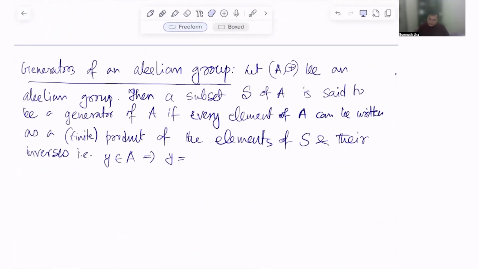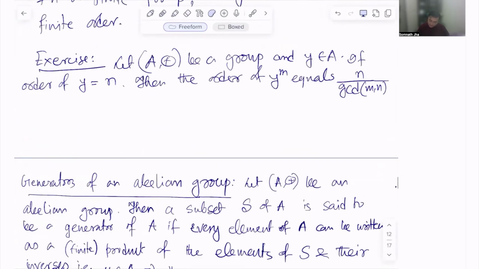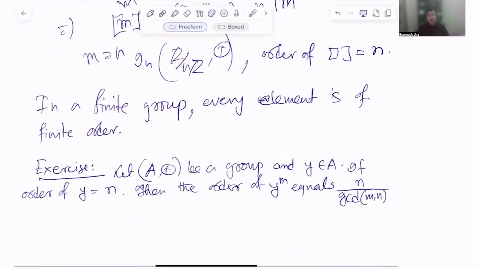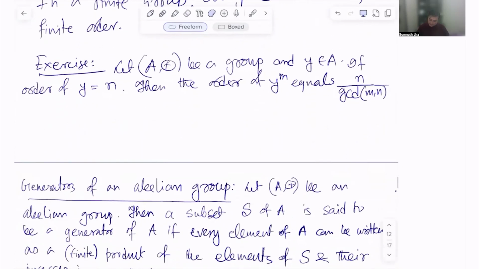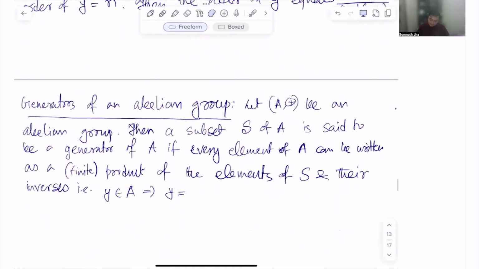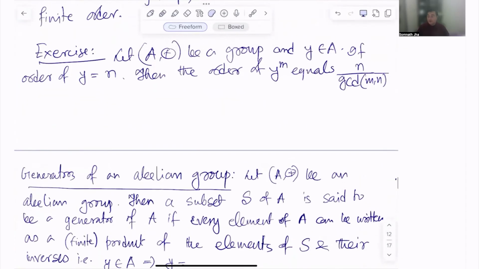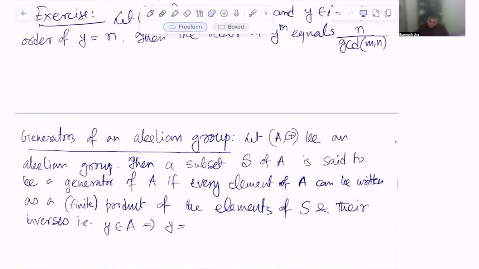Then a subset S of A is said to be a generator. We'll come back to order and see what its significance is. We'll see later, and it will be important for our application also.